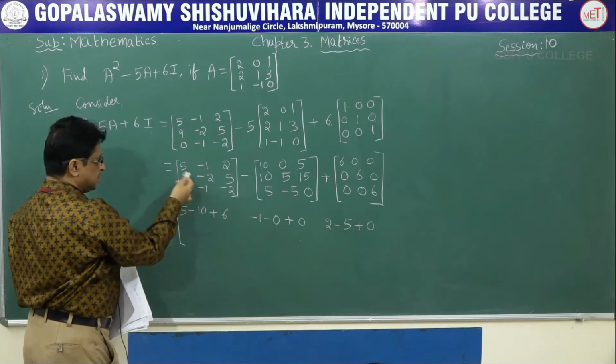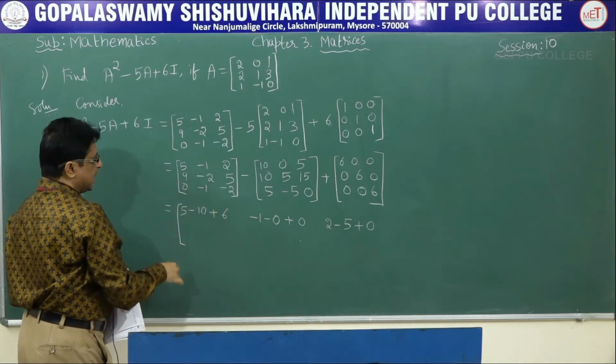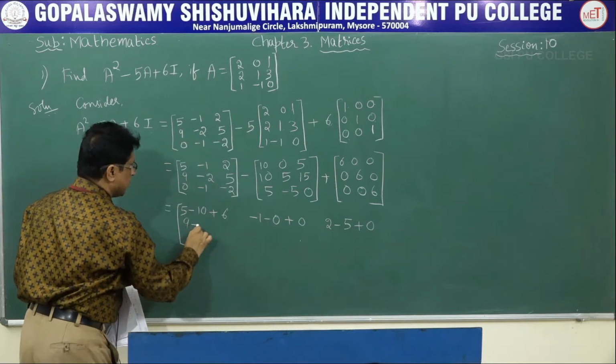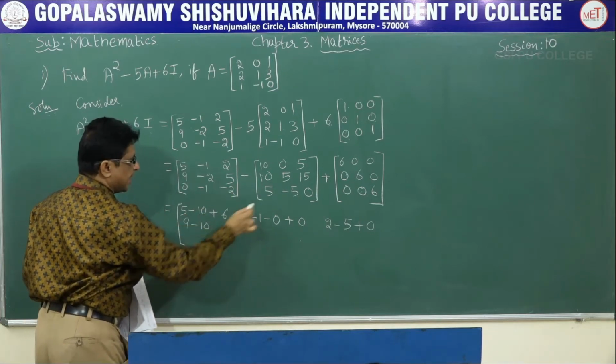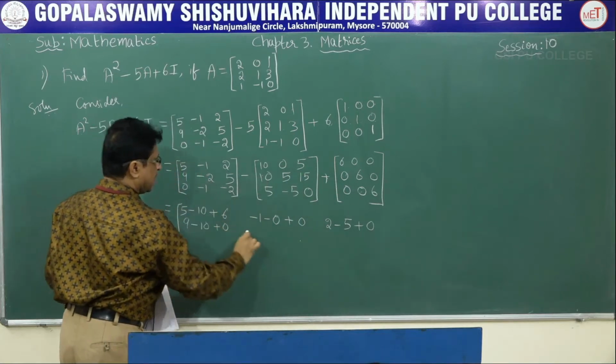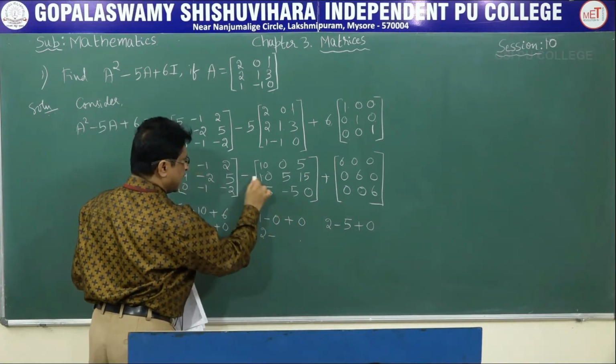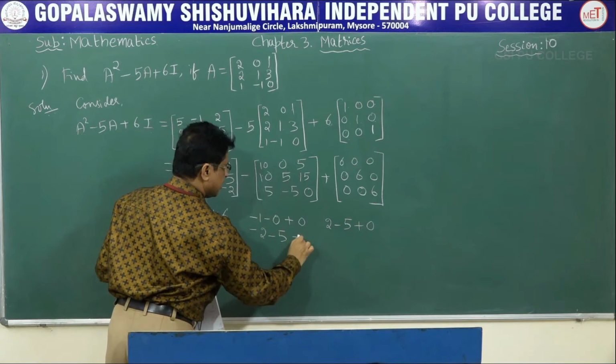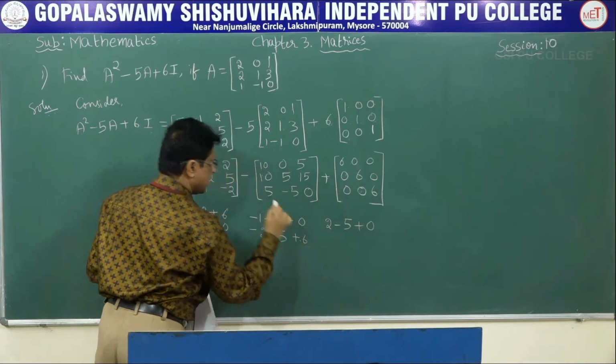And we go to the next row, 9 minus 10 plus 0, minus 2 minus 5 plus 6.